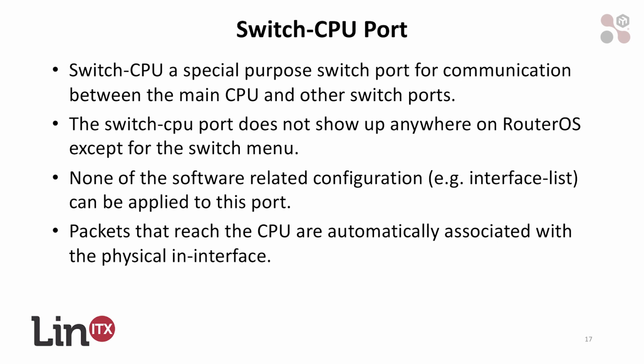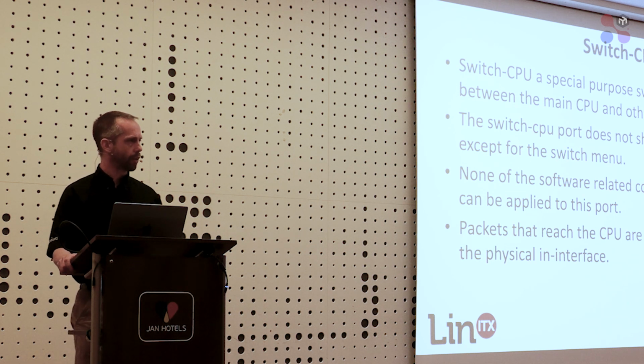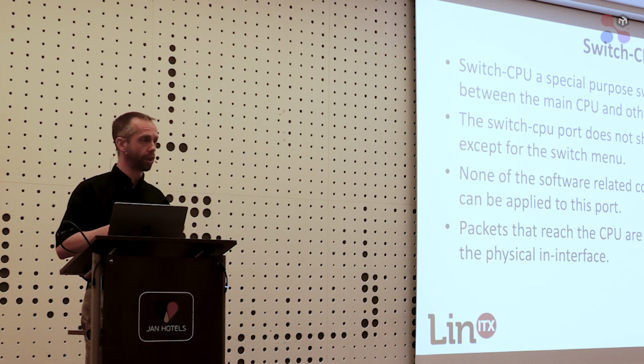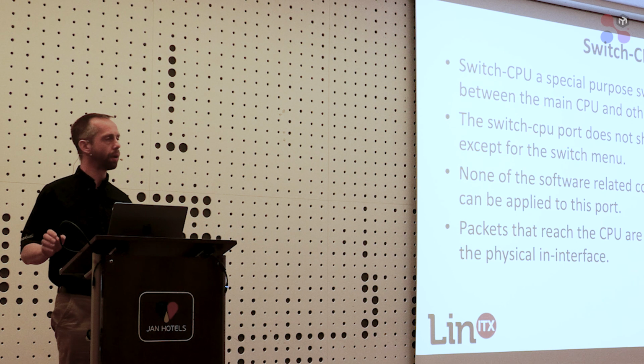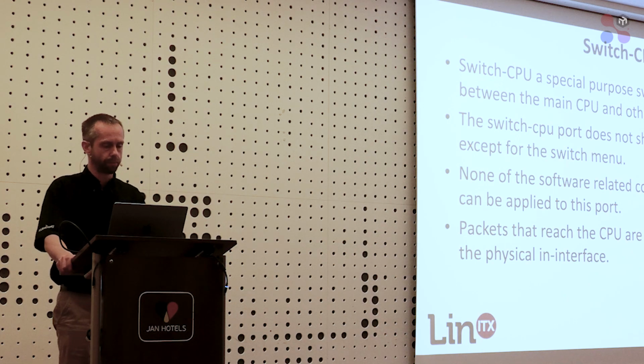The switch CPU port is a special purpose port that is where the packets flow when they are leaving the switching decision, going into the bridging decision, and then can go higher up in the packet flow to layer 3, or the actual RouterOS function running in the CPU.